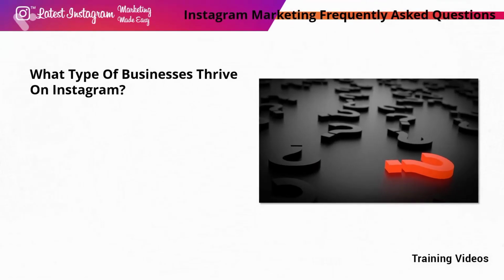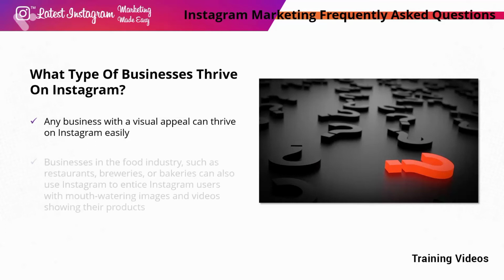What type of businesses thrive on Instagram? Any business with a visual appeal can thrive on Instagram easily. For example, e-commerce brands can thrive because Instagram is the perfect place to post nice product pics. Fitness brands can post videos and images that showcase their products being used during workouts or outdoors.